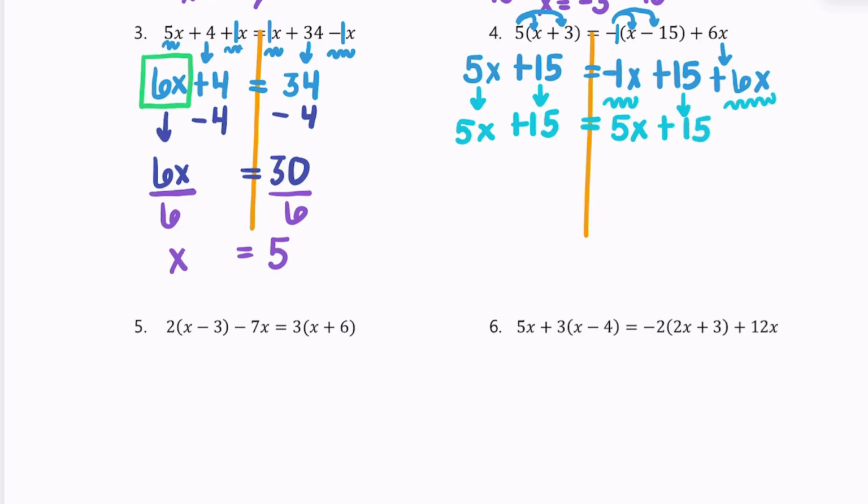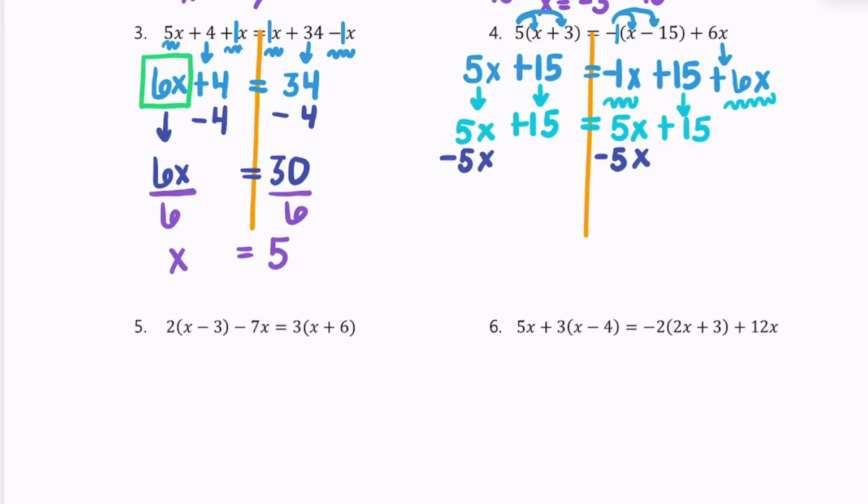Okay. Now we're ready. We simplified the left, we simplified the right. We're ready to move over our variables so they're all on one side. So I like to move my variable from the right over to the left. So because that's a positive 5x, I want to get rid of it by subtracting 5x. And notice here, 5x minus 5x is 0x.